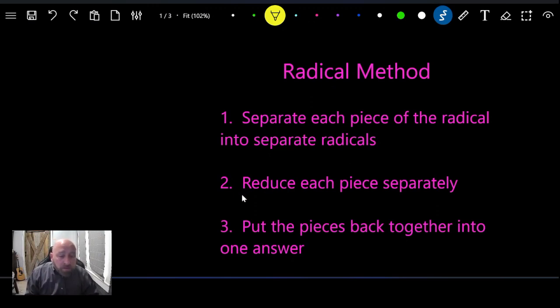Number two, we're going to reduce each piece separately. So we're going to take the number, reduce it. We're going to take the X, reduce it. We're going to take the Y and reduce it. Then we're going to put the pieces back together and we're going to have our solution.